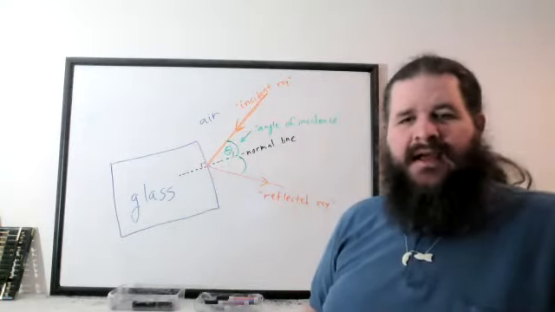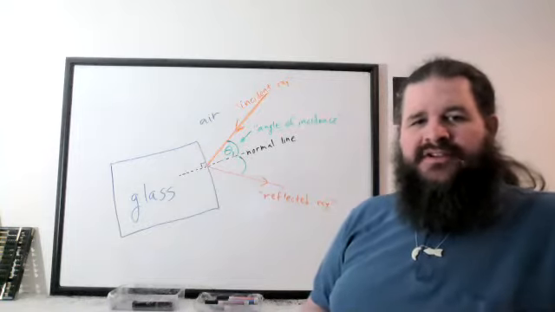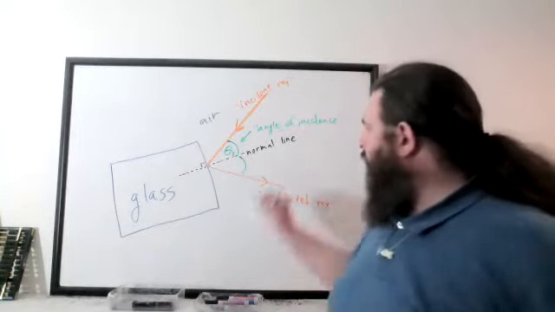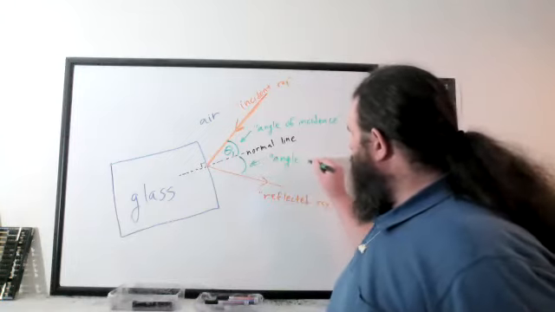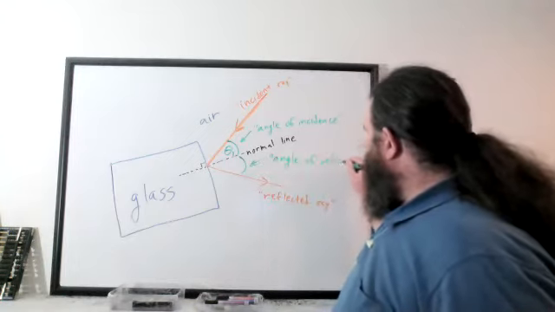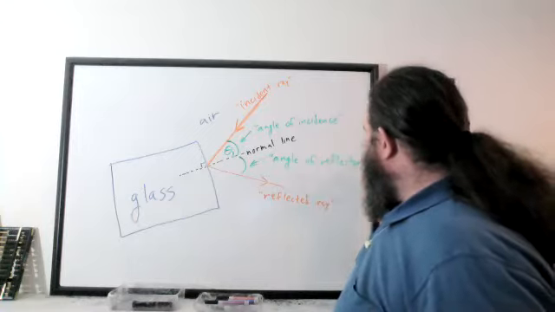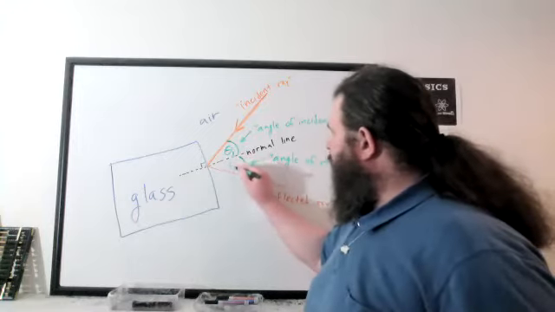Should be the same, yeah. The whole idea of a reflection is that the angle that it's reflected at, the angle of reflection, should be exactly the same. So this is just another copy of theta 1.